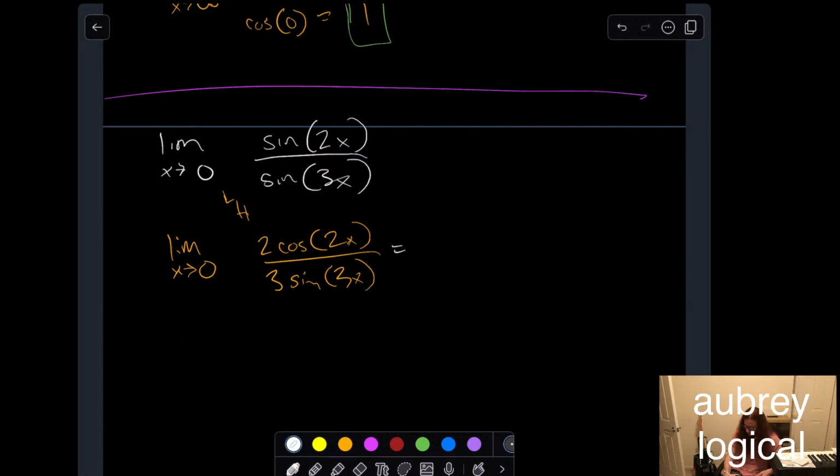So cosine of 2 times 0 is cosine of 0, which is 1, times 2. So that's going to be 2, and then, oh darn it, I messed up. This isn't sine, this is cos. So cosine of 0 is 1 times 3, which gives us 3.